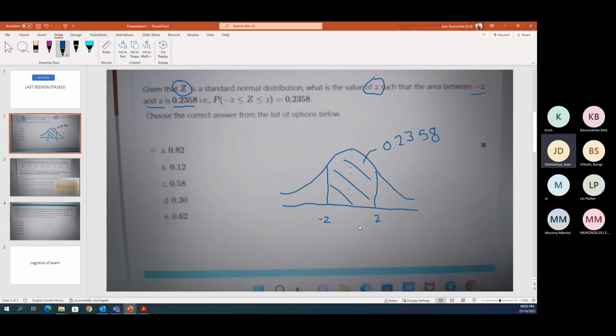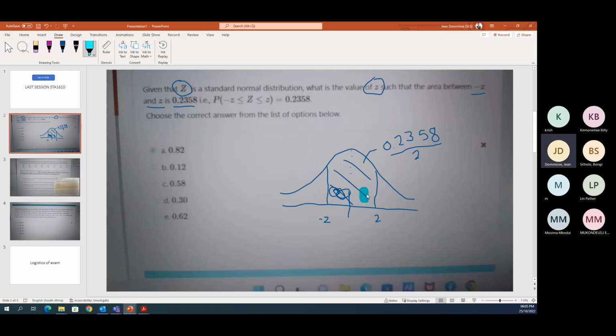Okay, so you need to, there's 2 ways of doing it. So if that part is 0,2358, we need to divide it by 2 to get what this part will be and what that part will be.